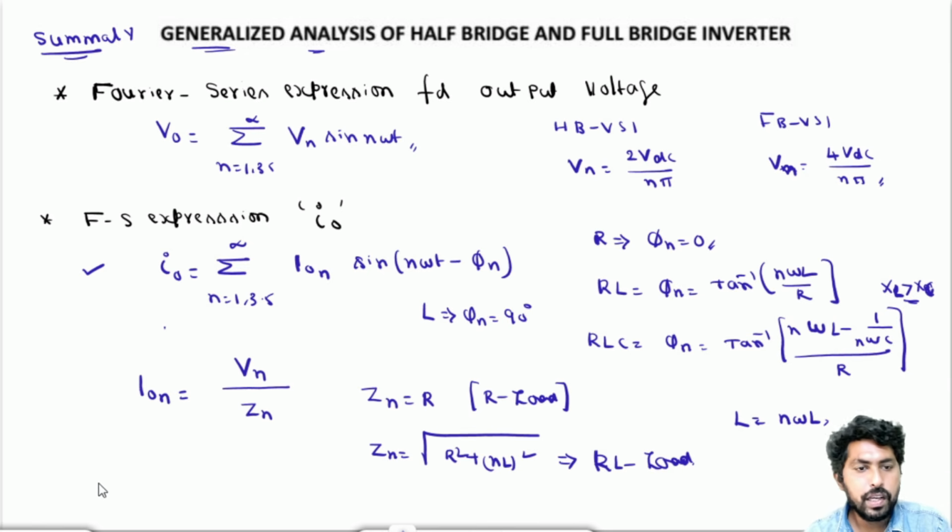For the series RLC load, Zn equals the square root of R square plus (n omega L minus 1 by n omega C) whole square.